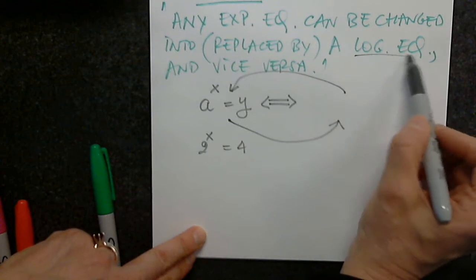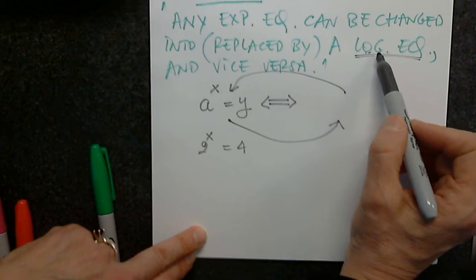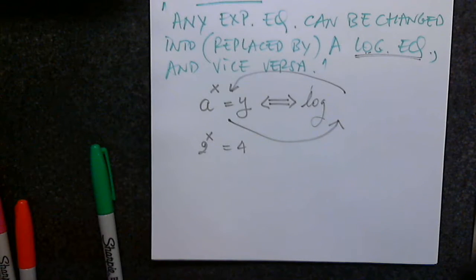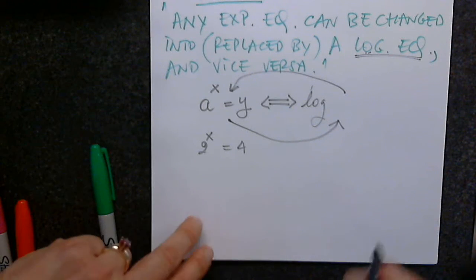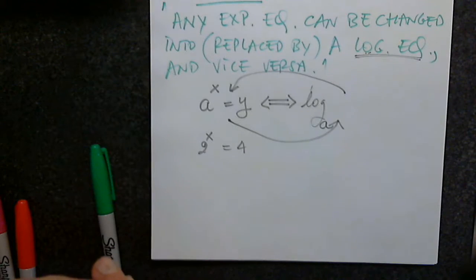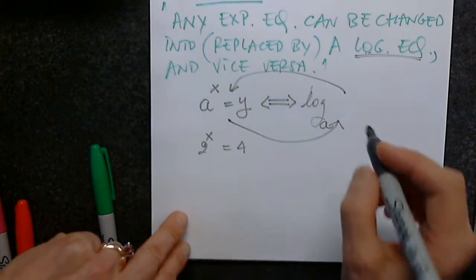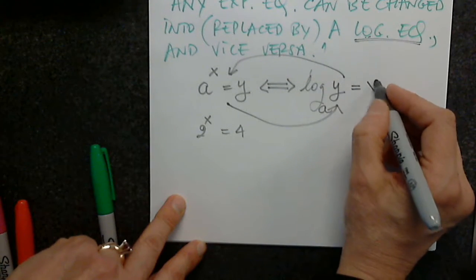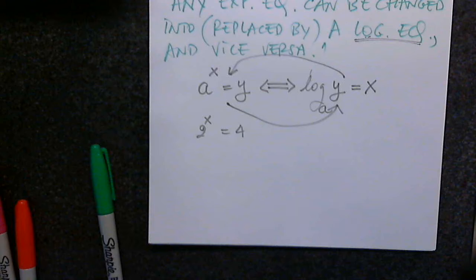So now the notation for log is log, L-O-G. Log in base a, it must be the same base, applied to y equals x. And now the obvious question is, from you to me, how did you get this? How did you get from that to that? So what is log?